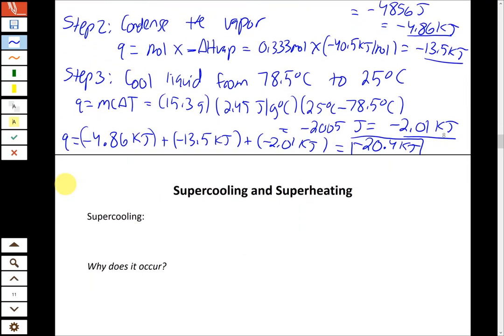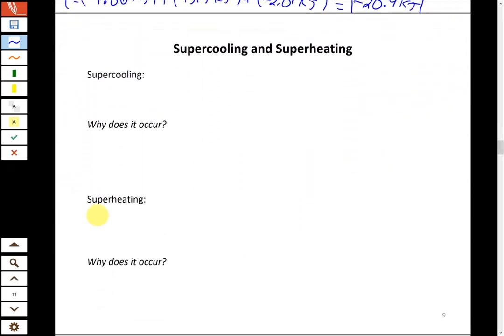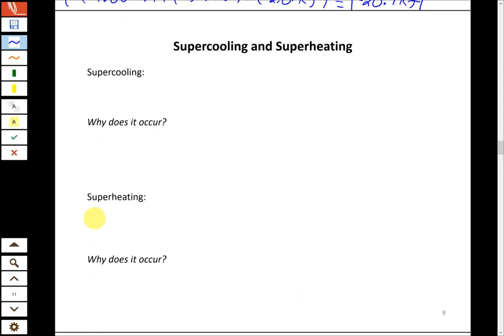All right, the last thing we're going to cover related to liquids is called supercooling and superheating. This is just a quick sort of definition and concept to be aware of. So supercooling is actually kind of interesting. Supercooling is when a liquid is cooled below its freezing point but doesn't freeze.